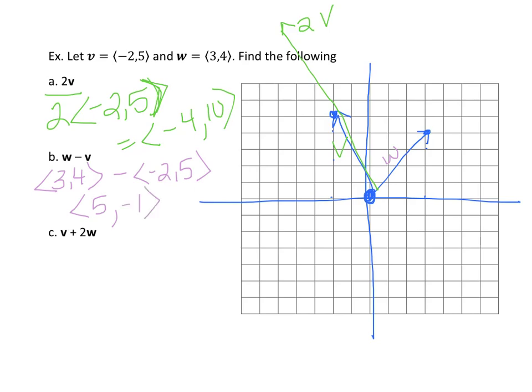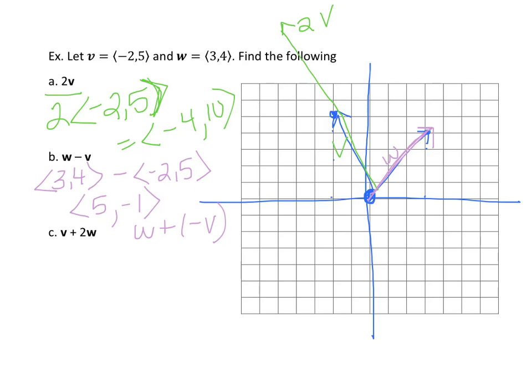Now, what does this look like graphically? It's like adding the negative. It's like taking the w, adding the negative v. So I've got my w already drawn on here. And I need my v, pointing in the same direction, same length, but I need it to be going in the opposite direction.